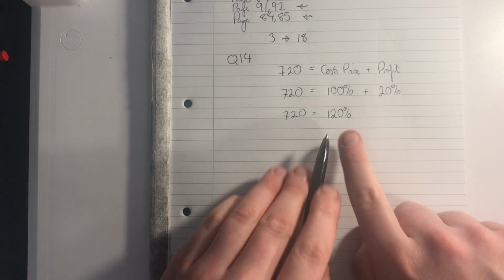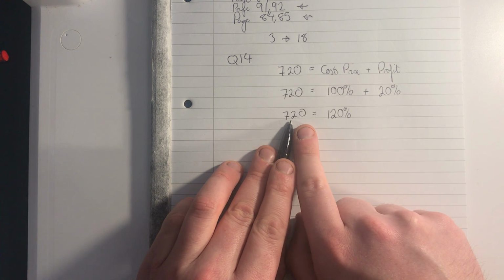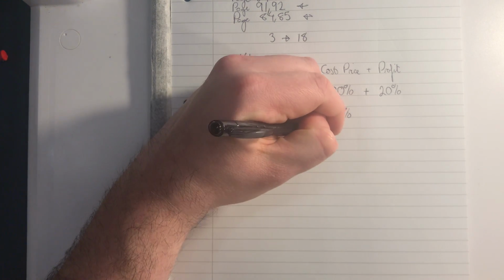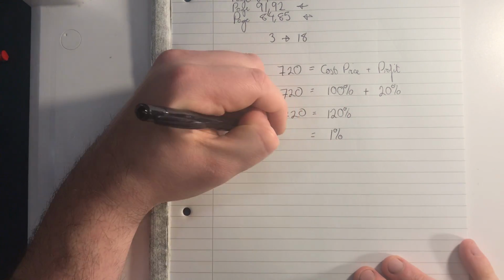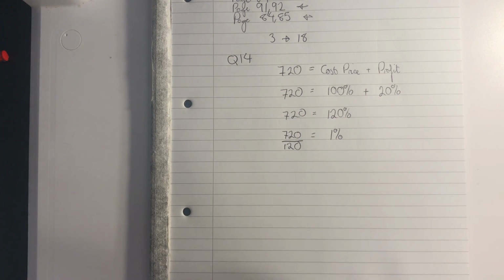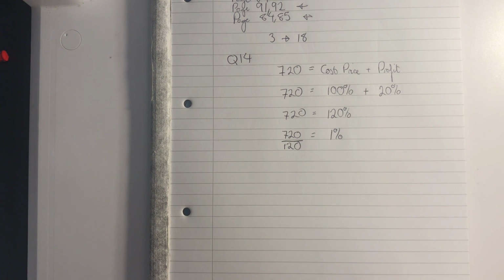Now, if I have 120 of these percentages, and it's equal to 720, well, then one of these percentages, just one by itself, 1%, will equal 720 divided by 120. Remember our rules from algebra? To get rid of something on this side, we do the opposite on the other side? Yeah?